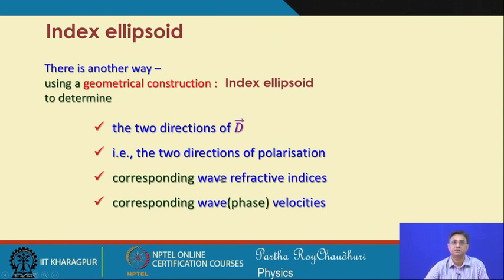Then the corresponding wave refractive indices, which will come not from the solution of the eigenvalue equation, but from this index ellipsoid, the minor axis and major axis, half axis of this ellipsoid, and the corresponding wave velocities. So, all these quantities can again be found out by using this geometrical construction of index ellipsoid. This is also called the optical indicatrix.